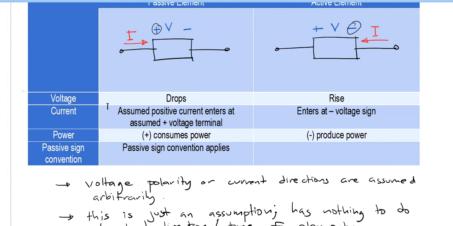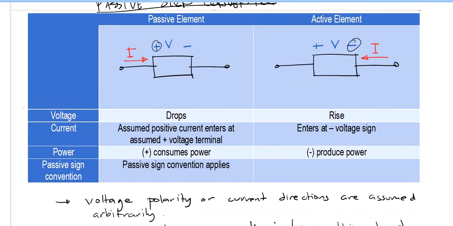In terms of voltage, if this enters right here, from positive to negative, then that's going to be a voltage drop. But for this one, from negative to positive, that means it's a voltage rise. And for the currents, as I've said, positive current enters the positive voltage terminal. For active elements, positive current enters the negative voltage terminal.